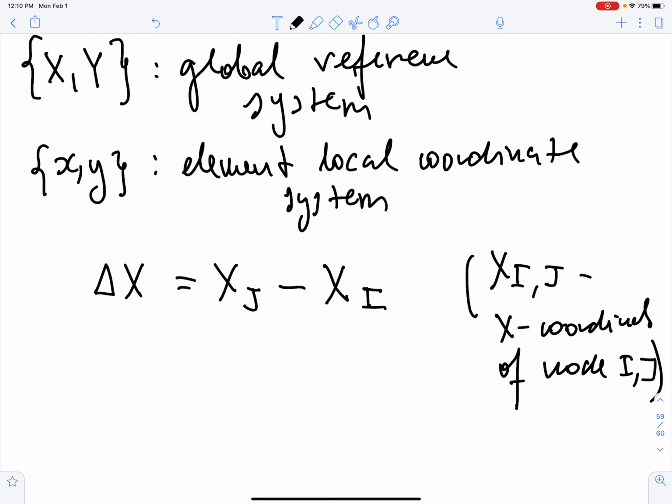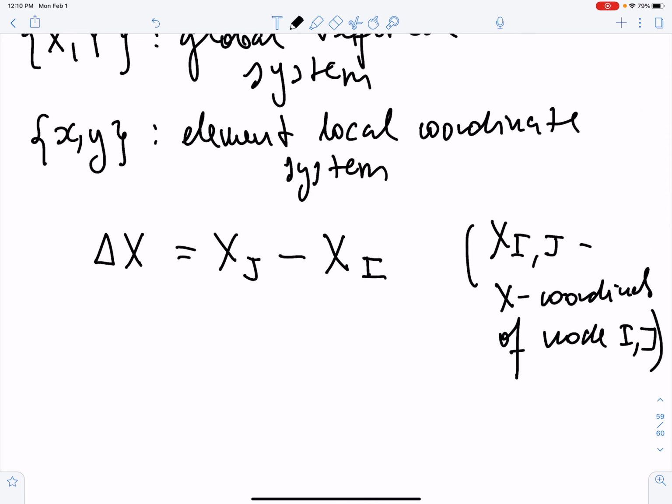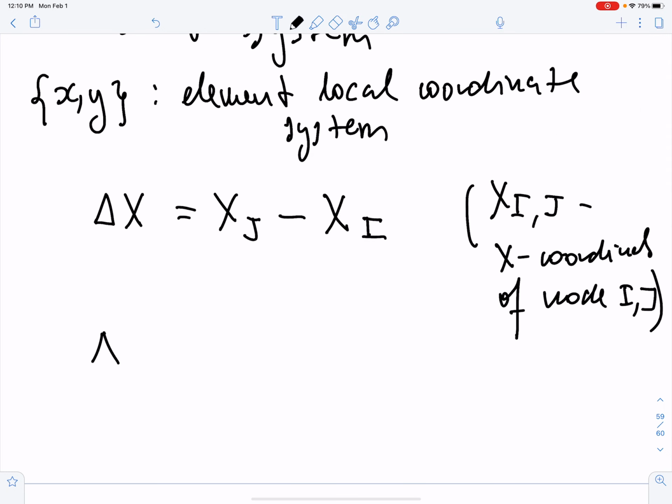If you look at the picture here, this distance will be delta x. Likewise, I can compute delta y by taking y at j and subtracting y at i.